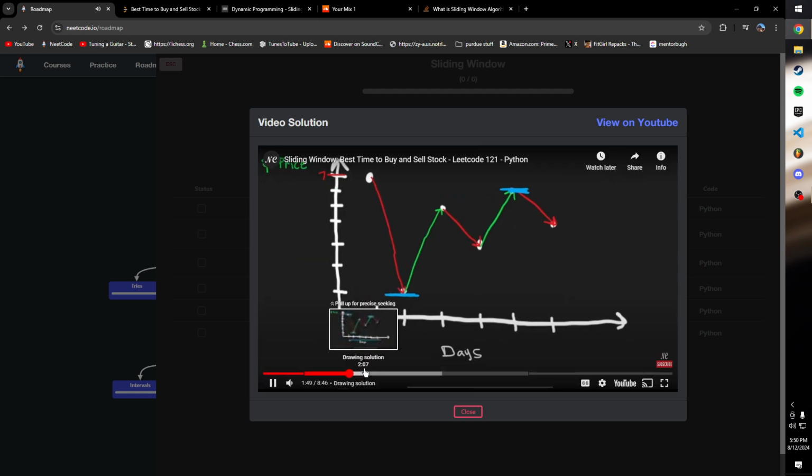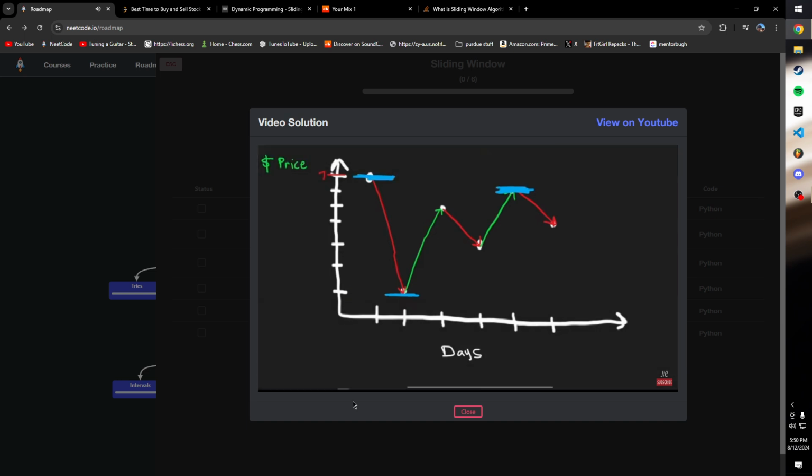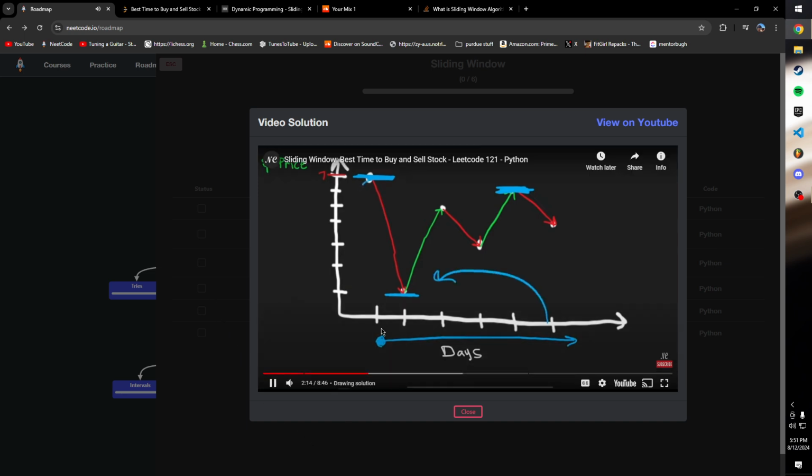But notice how there's actually a greater maximum than this one, right? This is 6, but this is 7. So why can't we just do this? Because then we get 7 minus 1, which is 6, which is even bigger than 5. Well, it turns out we know that time moves in one direction, right? We can't go back in time to sell at this price. So how are we going to solve that problem?